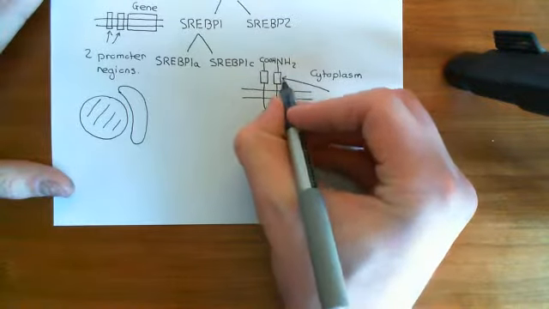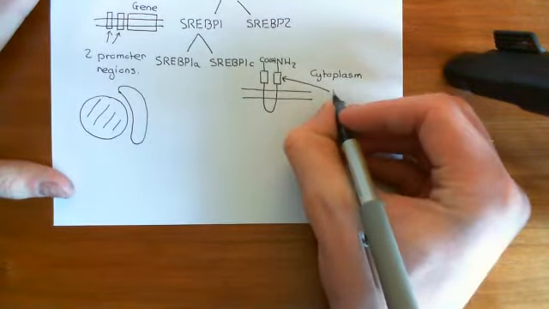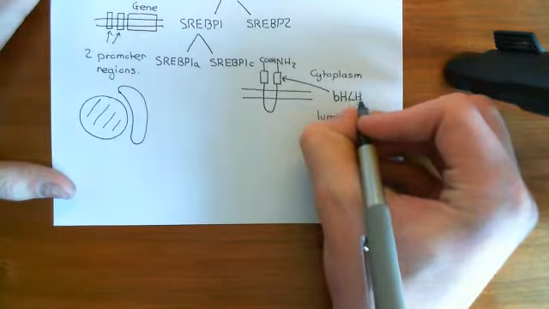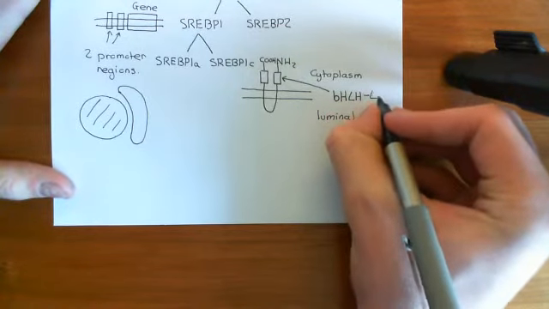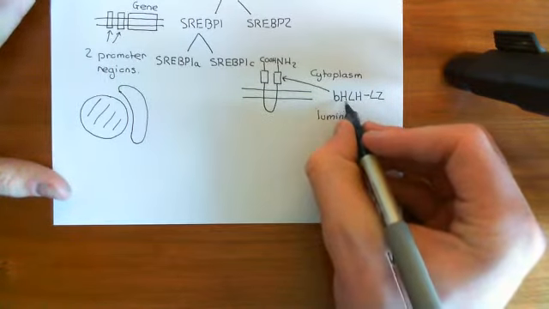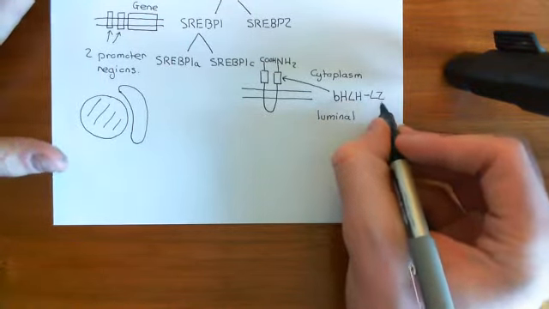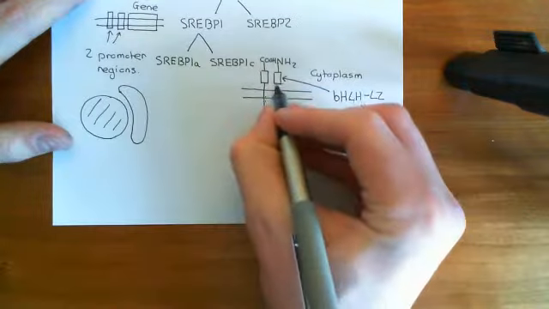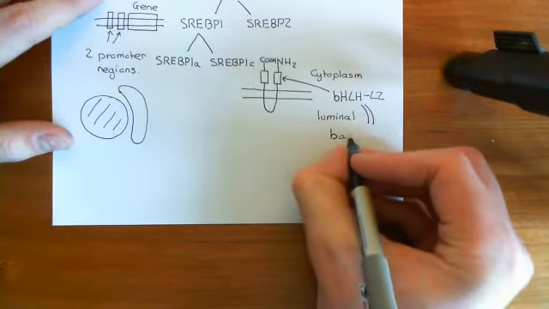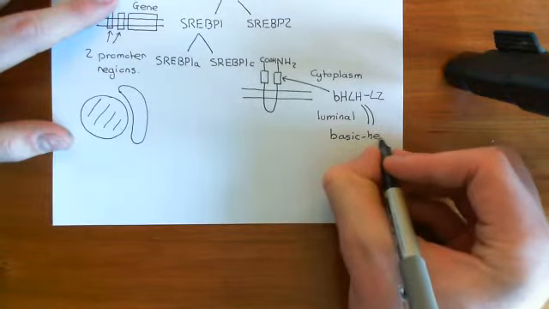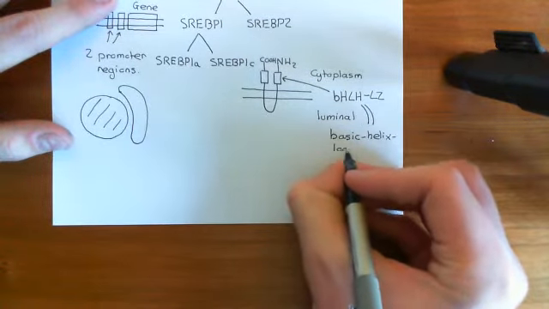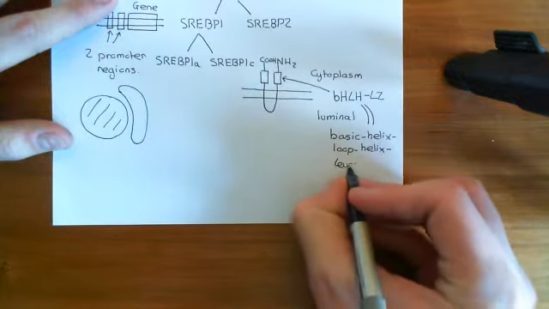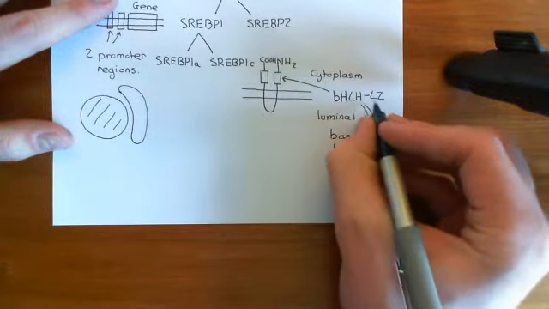This important domain at the amino terminus of the protein is basically a transcription factor, within the family of transcription factors called bHLH-LZ transcription factors, which stands for basic helix-loop-helix leucine zipper transcription factor. I will discuss what that actually means later on when we see this acting as a transcription factor, but for now it doesn't matter. So this is the basic helix, and then you've got a loop helix, and then a leucine zipper transcription factor. So it's basically two types of transcription factor all in one.